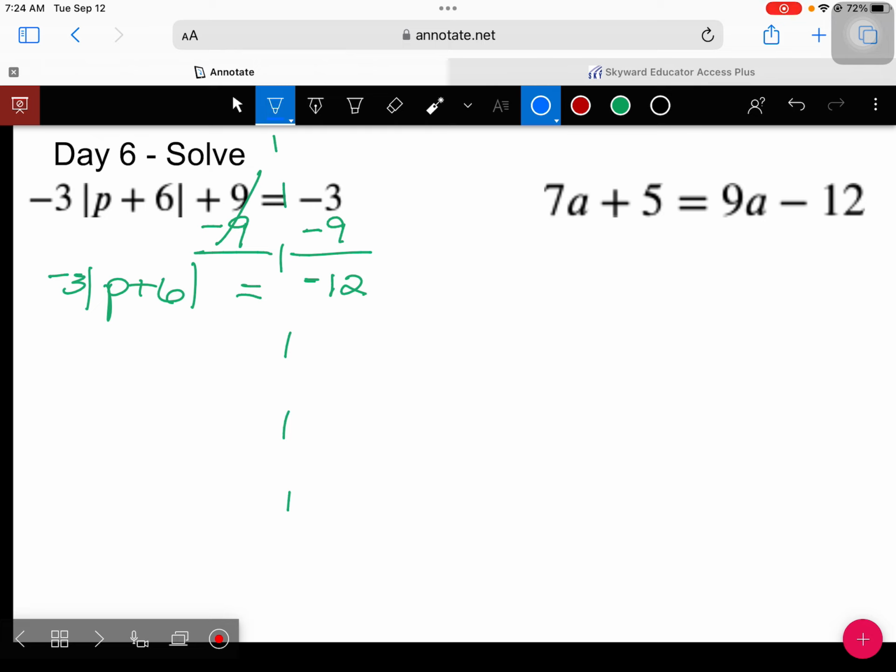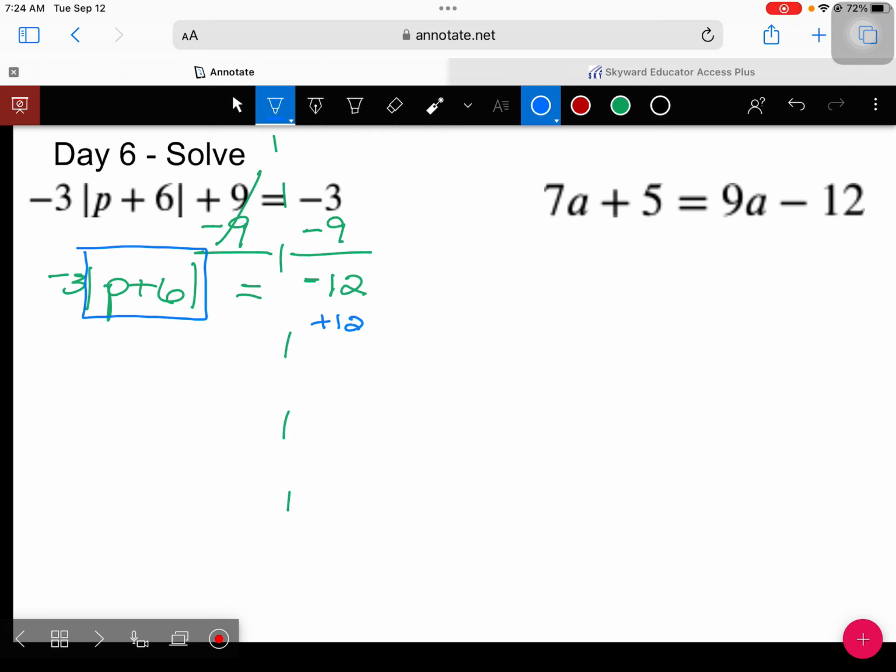Same thing you did with the -9. I just did the same thing, but with -12, I just added the opposite. So you put a plus 12 here? Yeah, and I'll put it on the other side.